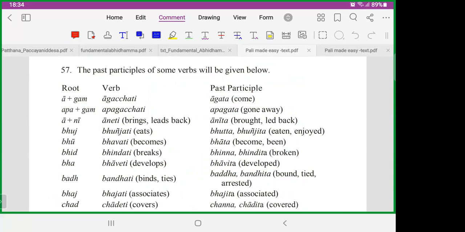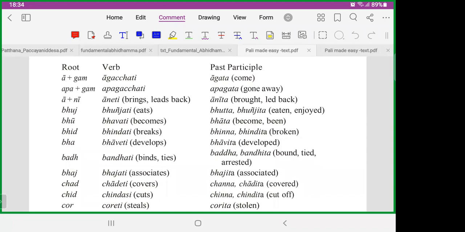So how to memorize? You just memorize it. When I studied, all the students just memorized it as it is. But of course, if you understand how the word is formed, how prefix plus root plus conjugation sign, then it's very helpful for memorizing, because at least you understand what you memorize.